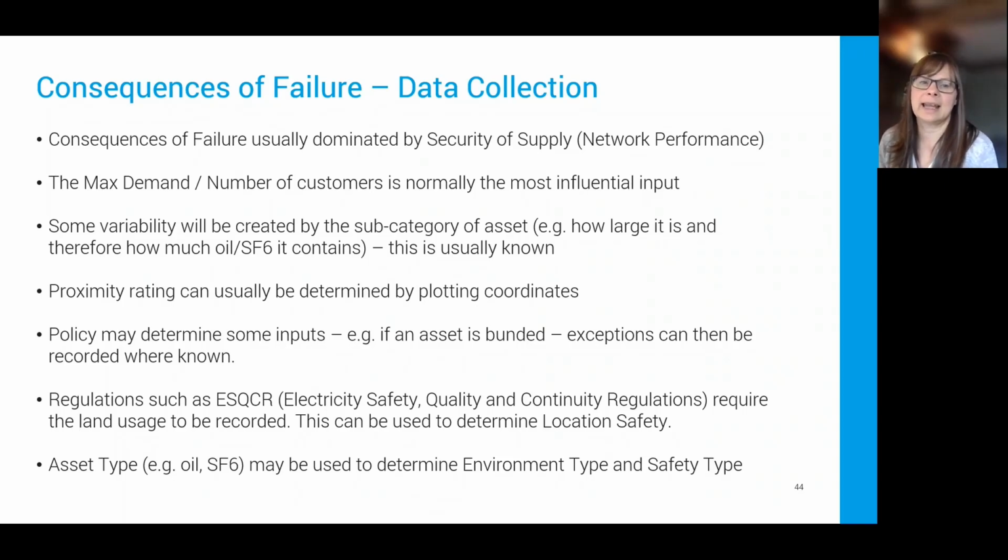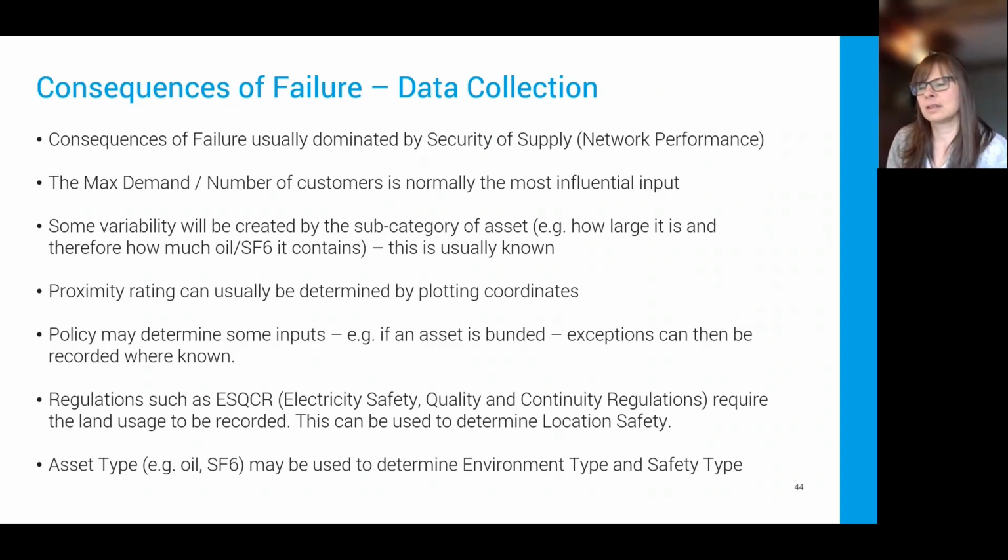So if you're going to collect anything, make sure you've got that, because that's going to influence the criticality of the asset more than any other data point. There is some variability based on the subcategory of the asset, so how large it is and what sort of insulator medium. That information is usually known, so you can usually pick that up.